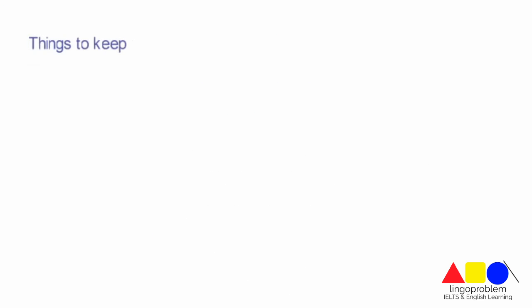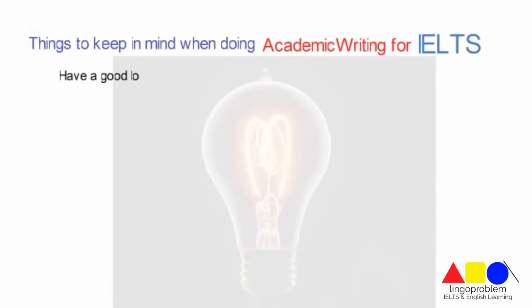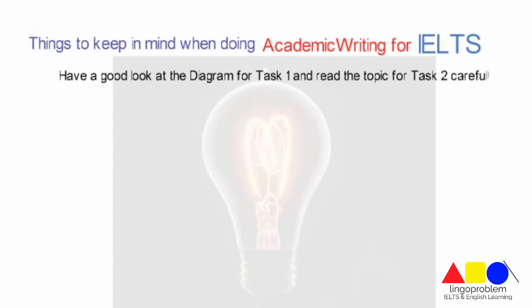There are some things which you should keep in your mind when you're practicing your IELTS academic writing skills test. Now this is very important because from day 1 you're going to practice on the same structure. You have to have a very good look at the graph or the chart or the diagram you're having, just to understand it first.